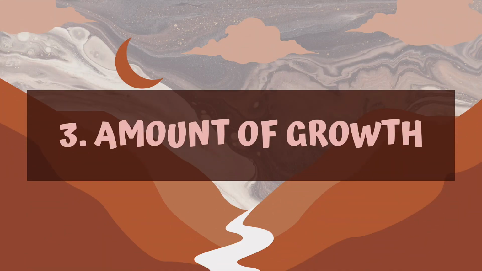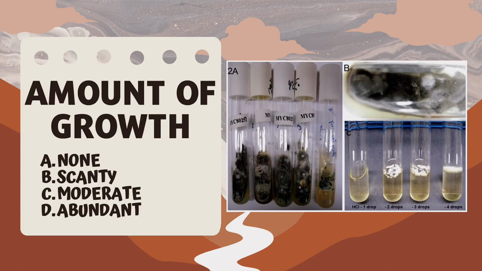The next characteristic we need to observe is the amount of growth. This time we only have 4 possible outcomes: none, or no growth at all; scanty, which means small amounts; moderate, with more growth, at least more than scanty; and of course abundant, which literally means a lot.